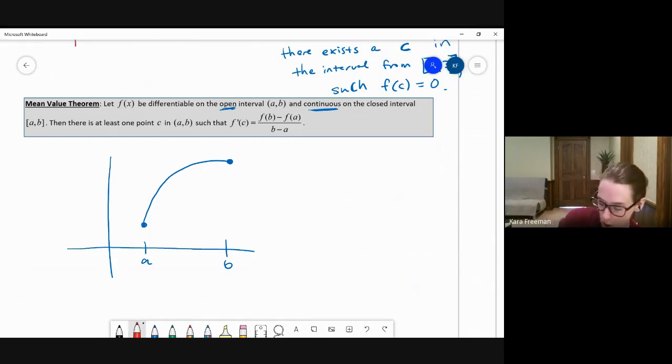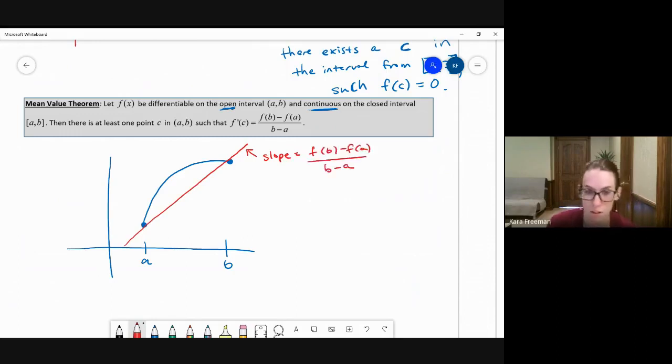So if I draw the slope of the secant line, this slope is equal to f of B minus f of A over B minus A. Do you see how there's some point somewhere between A and B, we'll call that C, such that f prime of C equals the slope of the secant line?